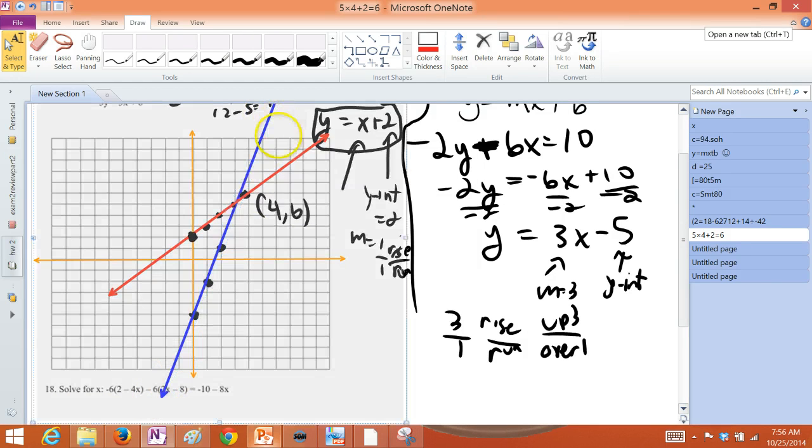Maybe they cross at the point 3, 3. No, not 3, 5. Yeah, because the blue one goes through there. Okay, so just make a guess.